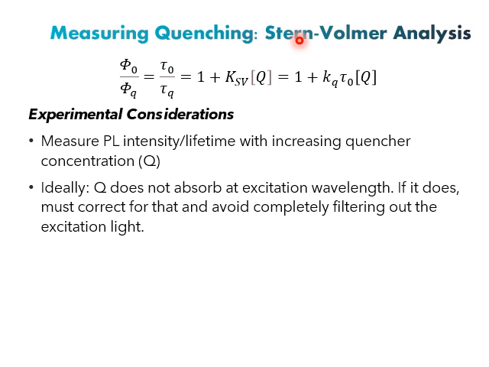Now there are some other considerations. Ideally, your quencher molecule Q should not absorb at the excitation wavelength that you're using, because that will filter out some of the excitation light and reduce the observed intensity of the photoluminescence.